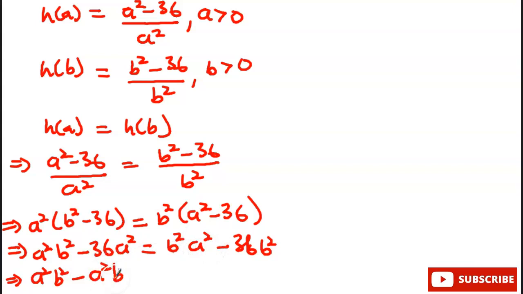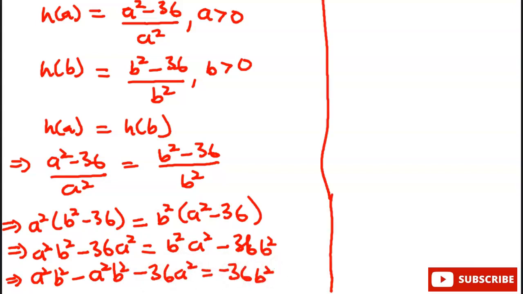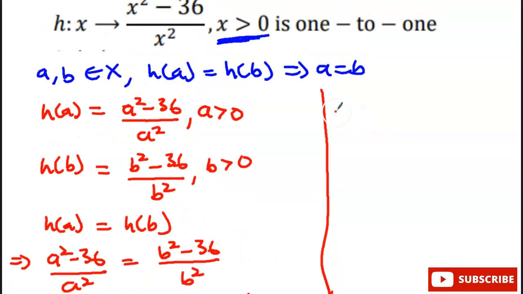A squared B squared minus 36 A squared is equal to A squared B squared minus 36 B squared. So A squared B squared minus A squared B squared will go to 0. So we have minus 36 A squared is equal to minus 36 B squared. So minus will cancel, 36 will cancel.